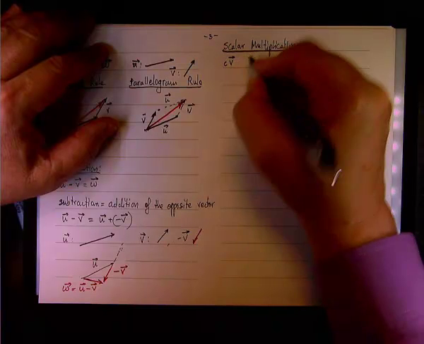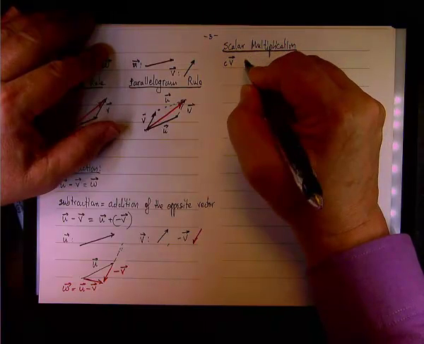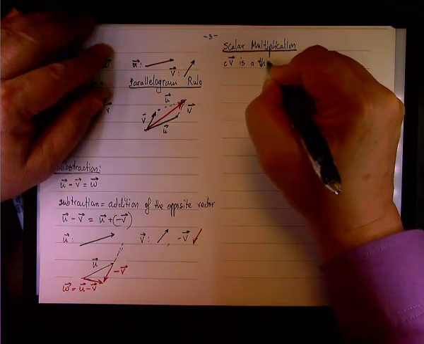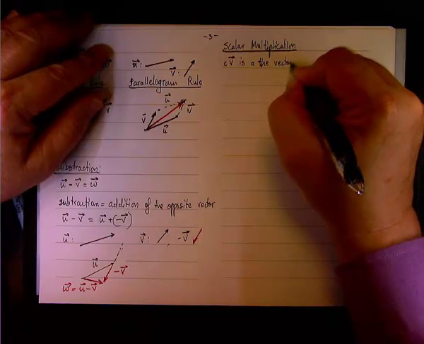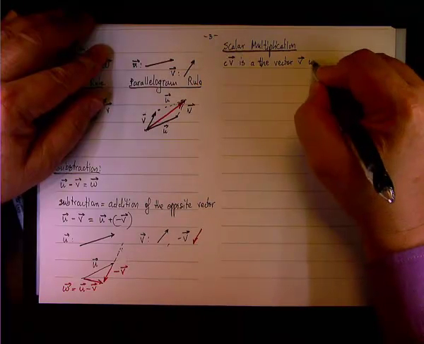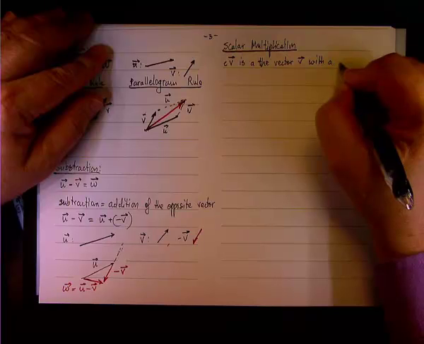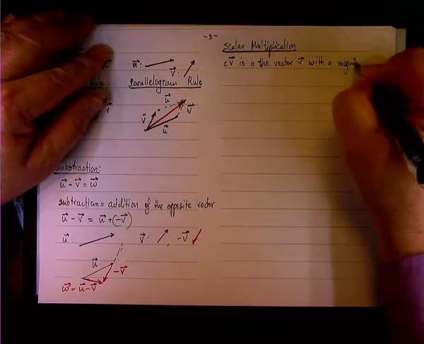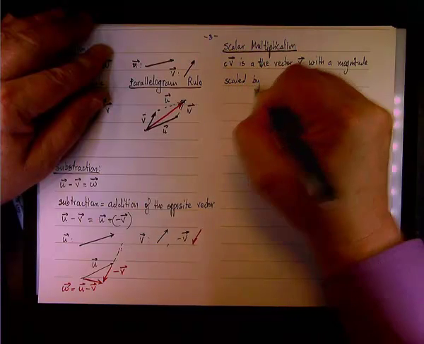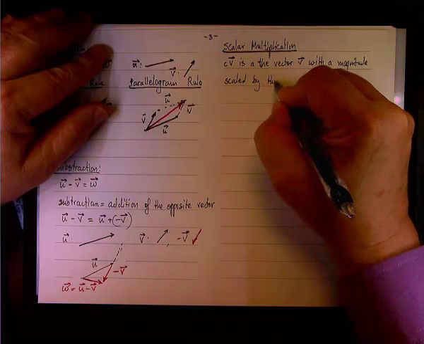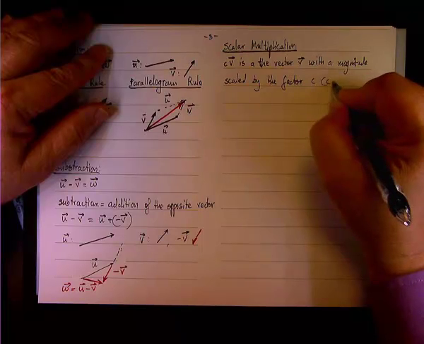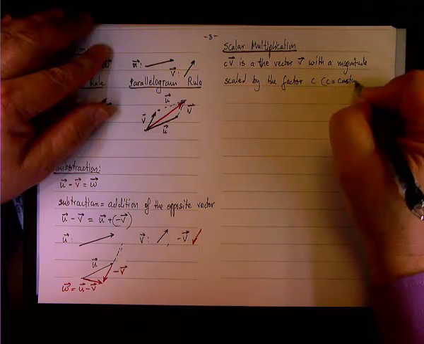So we're going to write that c times vector v is a vector with the magnitude of v scaled by a factor of c, where c is a constant.